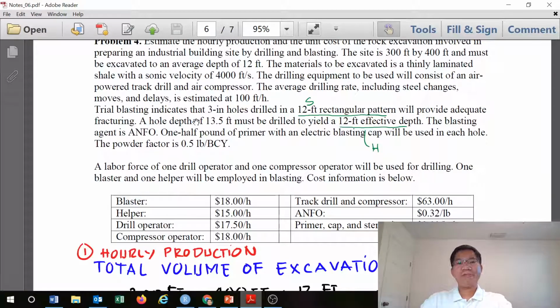A hole depth of 13.5 feet must be drilled to yield a 12 feet effective depth, because if you drill down 12 feet, when it explodes, it may not go to the depth of 12 feet that you want. So to get the excavation depth of 12 feet, we drill down 13.5 feet in this case.